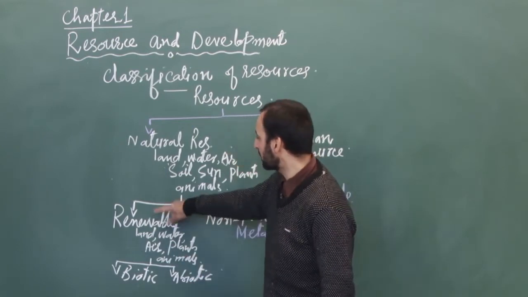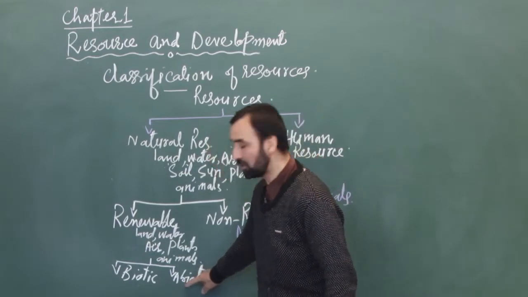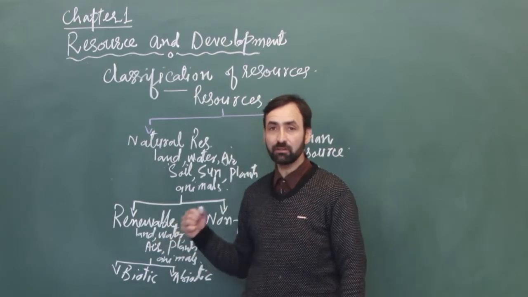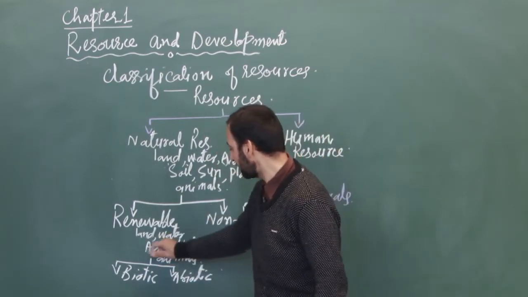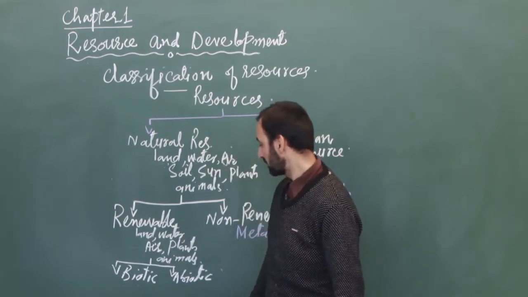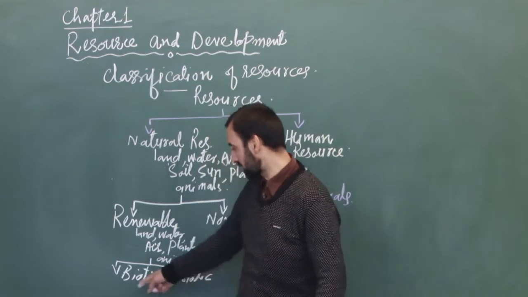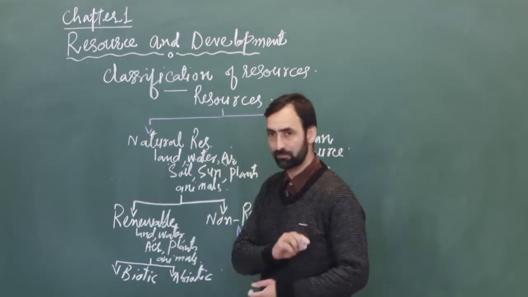Abiotic are those renewable natural resources which we obtain from non-living natural objects, that is land, water, air. Biotic resources include plants and animals. Abiotic resources include land, water, air.